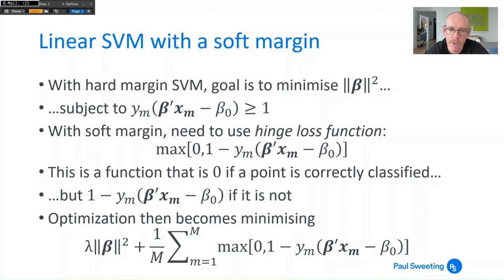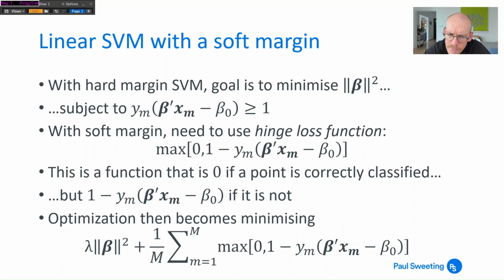So then what you've got to do is, instead of trying to minimize the norm of beta squared subject to those conditions, you've got to minimize lambda times the norm of beta squared plus 1 over M times the sum from m equals 1 to capital M of that hinge loss function.